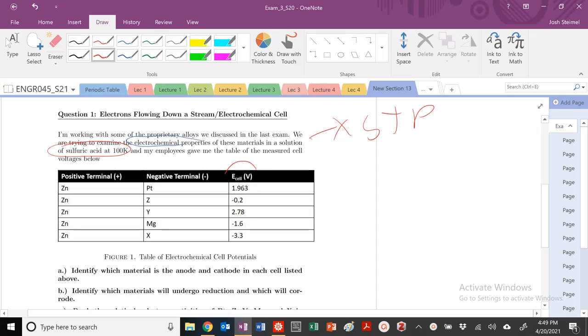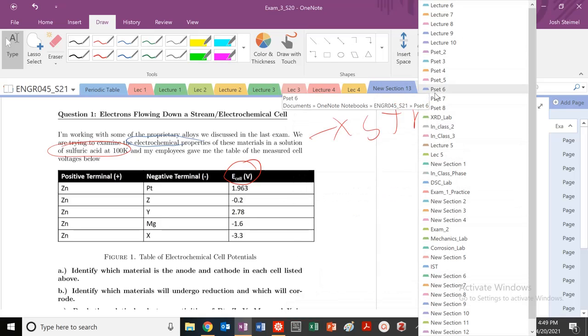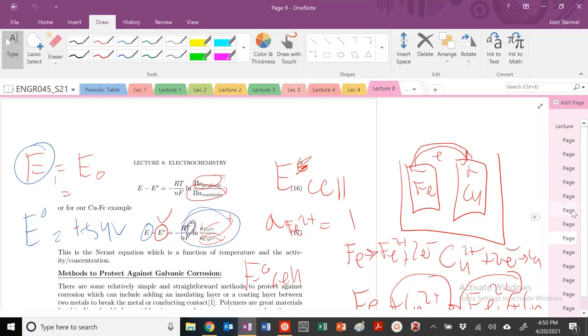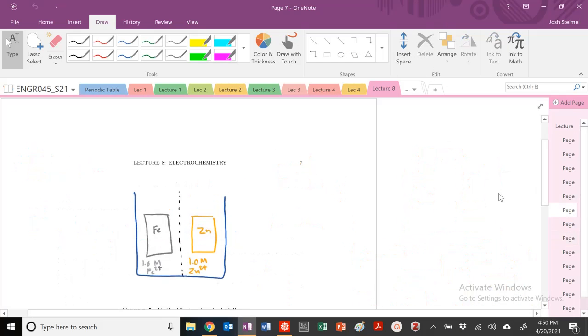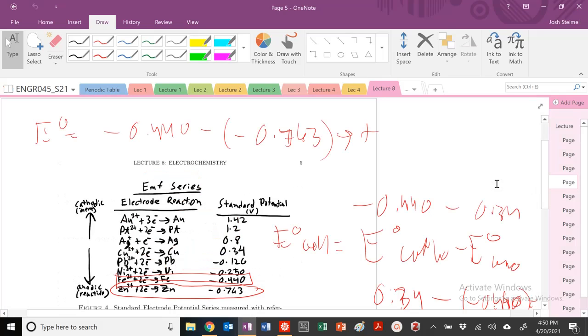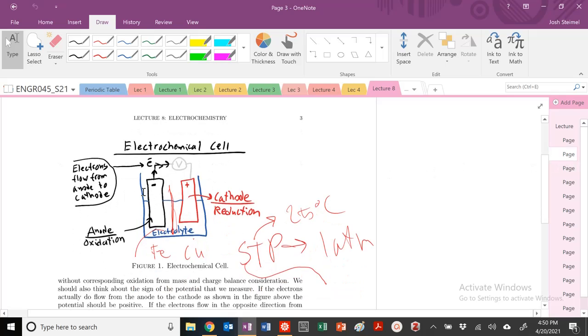So we need to look at the potential of the cell to tell us where the electrons are flowing. If we remember back to our notes, all the way back in lecture 8, if our electrons are flowing from our negative terminal to the positive terminal, that's a positive voltage.